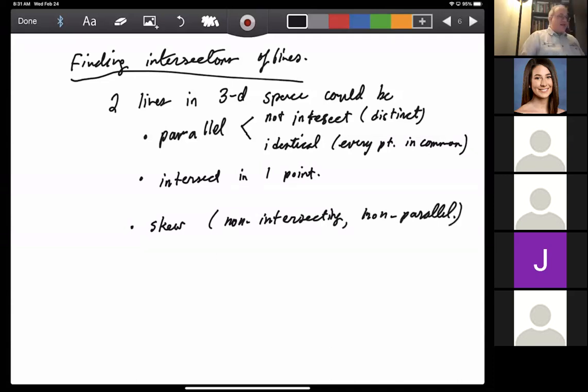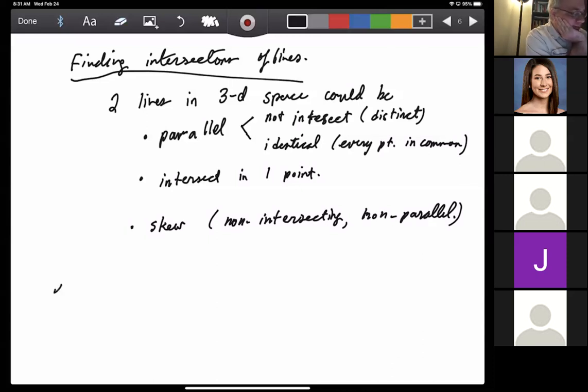And it might take you a second to think about how two lines could possibly be skew if you're thinking in terms of two lines on the two-dimensional plane. This is not a possibility if your two lines are restricted to two-dimensional space.